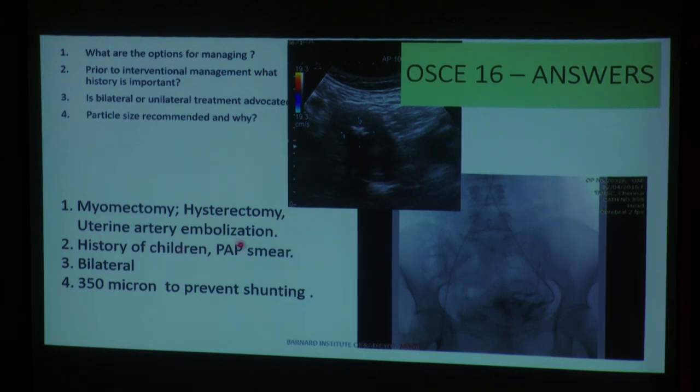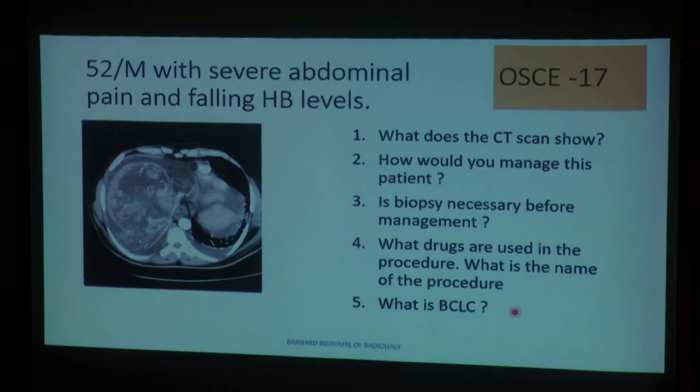You also should do a pap smear to rule out any underlying CA cervix or uterine cancer before you go in for the treatment. And it is always done bilaterally, both uterine arteries are embolized, and usually we use 350 to 500 microns of PVA to prevent shunting into the pulmonary artery. So here is the catheter placed in the left uterine artery, and the filling of the vessels is seen.